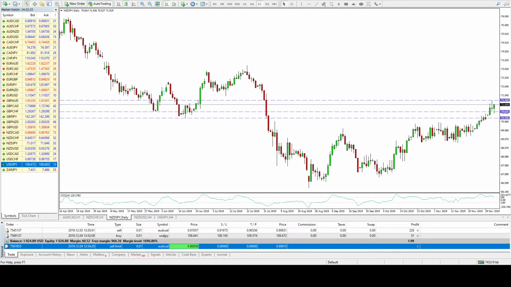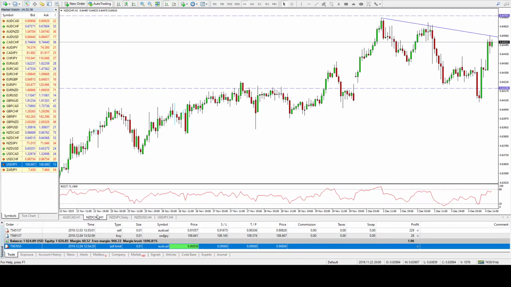So, with all that said, there is really nothing happening in any of the charts that I looked at. New Zealand franc, Swiss franc looked good here to sell, but there is a 5 pips spread.